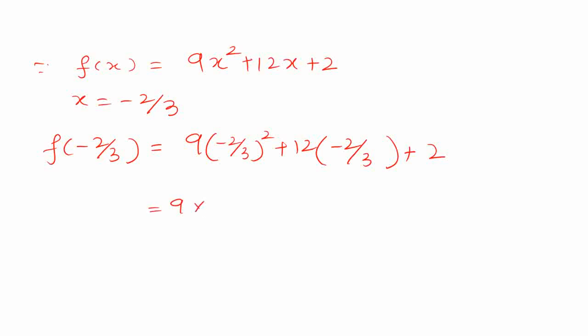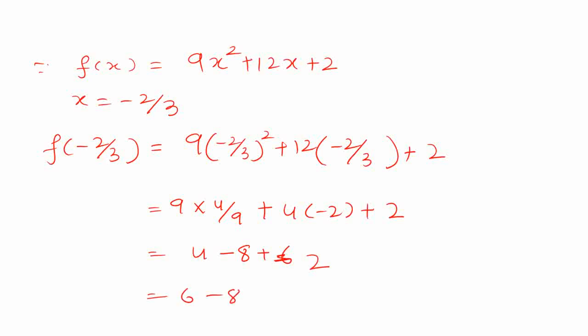So 9 times 4 by 9 is 4, 12 into minus 2 by 3 is minus 8, plus 2. So 4 minus 8 plus 2, so 6 minus 8 means minus 2. Minus 2 is the minimum value of the function.